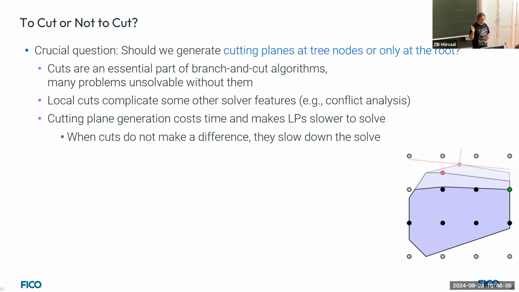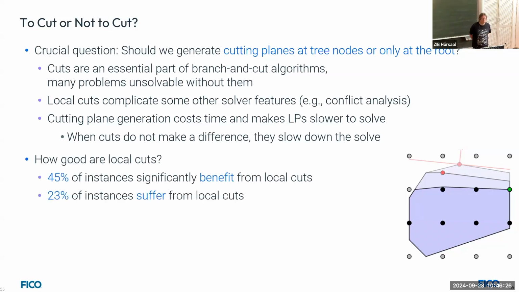But then at the same time, local cuts complicate some of the other solver features. Conflict analysis, which is the one thing that we skipped over a little bit last week, is one example of this.